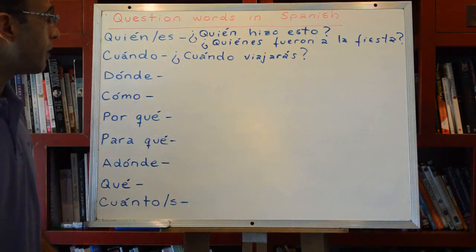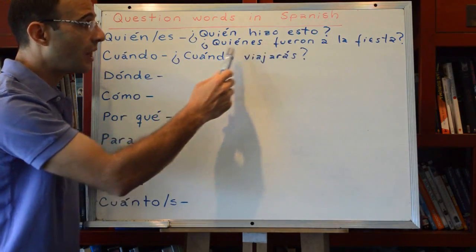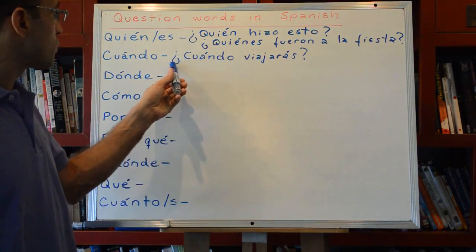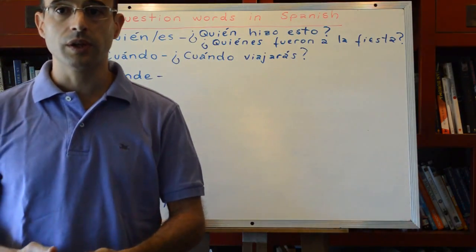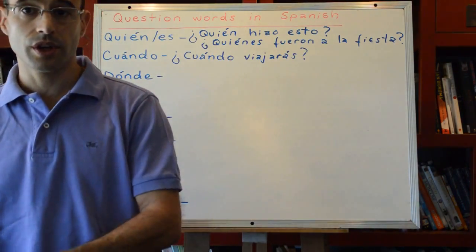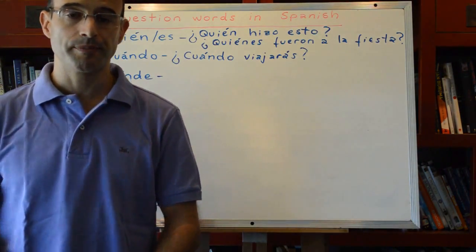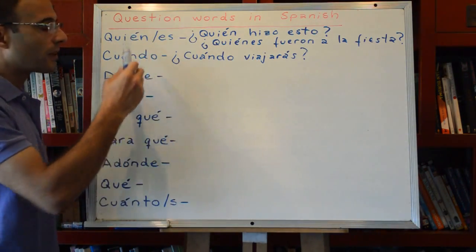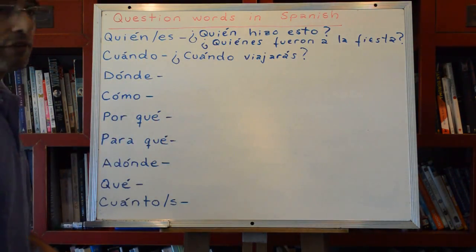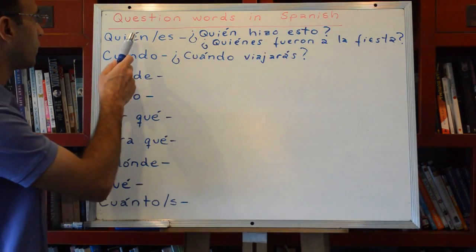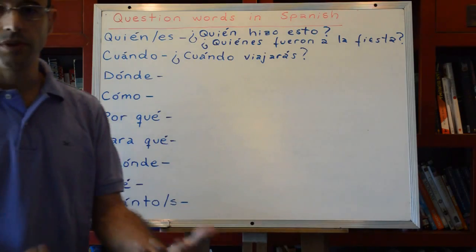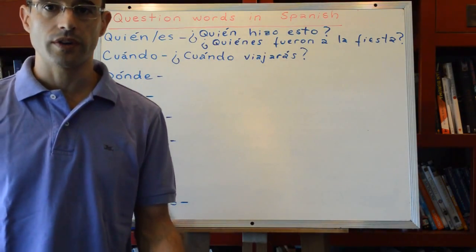In Spanish, however, the structure is exactly the same. Therefore, we need to open the question mark so that when we are reading, we know we have to change the tone. Okay? Whenever we have a question word, it's very clear, because if any sentence begins with any of these words, we already know it is a question, okay?